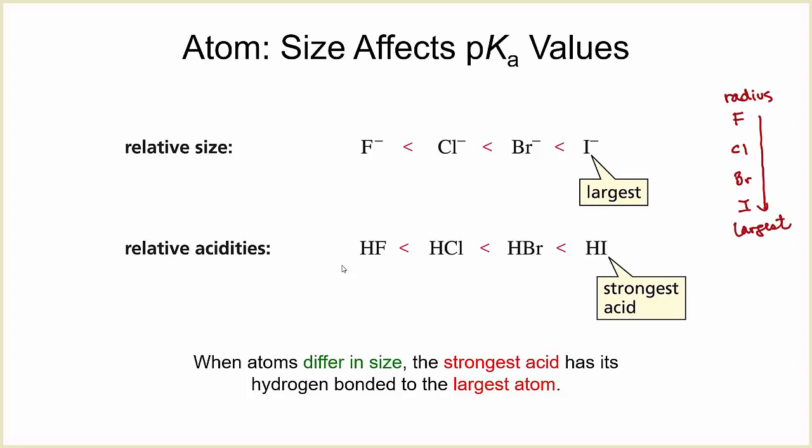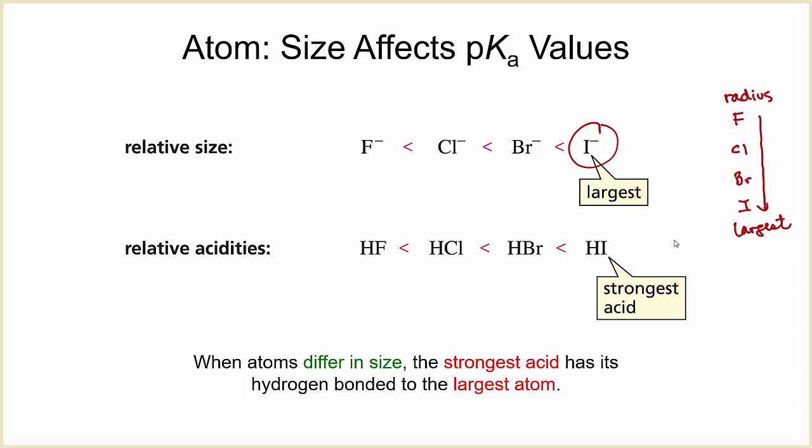Now, what we talked about before is how the nuclear charge was important in determining the strength. But large ions, that is I minus, for example, iodine, are able to spread that negative charge out around its big surface, and as a result, as a hydrogen ion comes up to it, it doesn't feel the same charge density that a hydrogen ion would feel coming up to a fluorine.